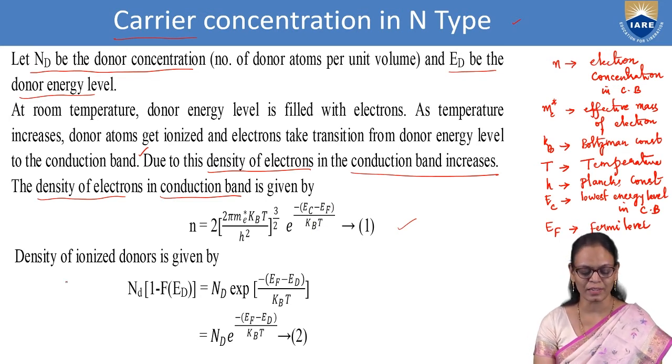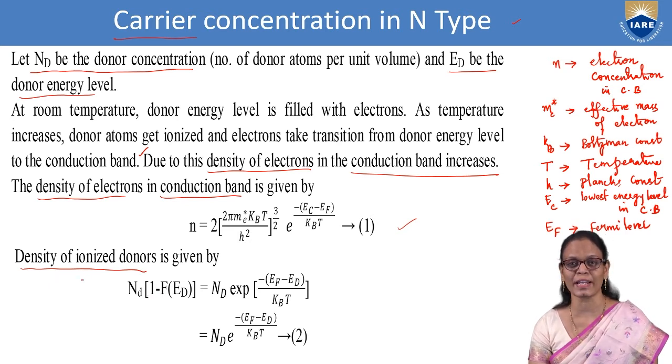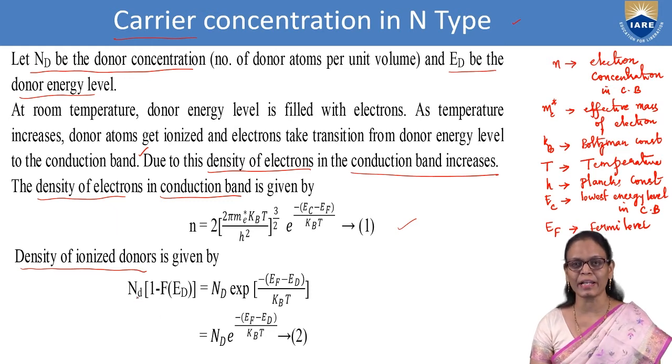Now let us see the density of the ionized donors, meaning the density of the electrons that are coming from the donors. That is given by Nd into (1 minus f of Ed), or simply you can write it as Nd exponential minus of (Ef minus Ed) by kB T. You need to know only kB T, all the other things we have discussed.